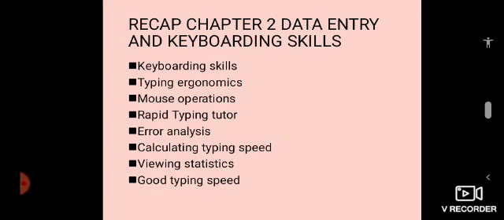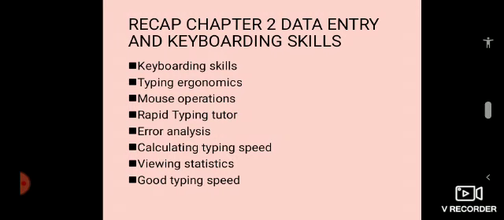Also, we have seen mouse operations, rapid typing tutor, error analysis, calculating the typing speed, viewing statistics, good typing speed. You would have practiced with the help of your rapid typing tutor how to improve your typing speed with the software.